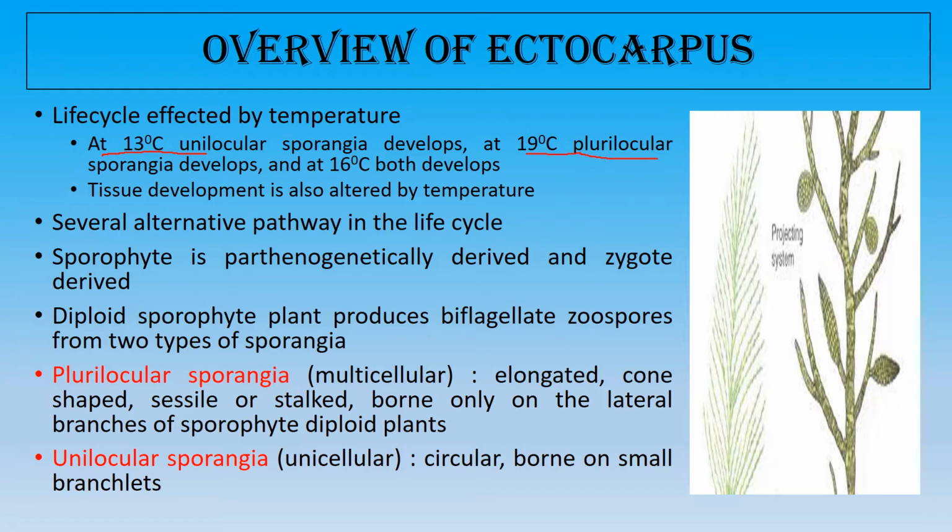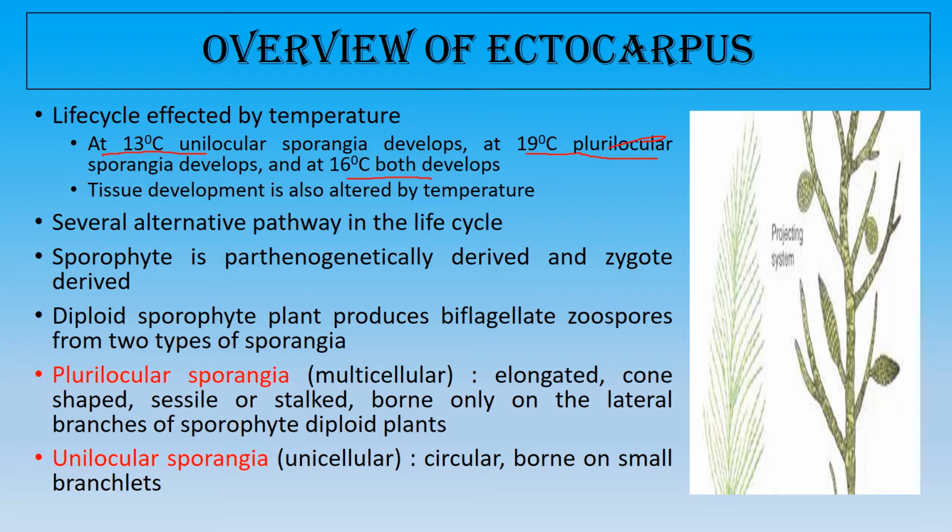So we can infer that at higher temperature the sporophytic generation is increased, and at lower temperature we see more of the gametophytic generation. At an intermediate temperature of 16 degrees C, both types of sporangia develop. This is the case only for those species which produce both types of sporangia.